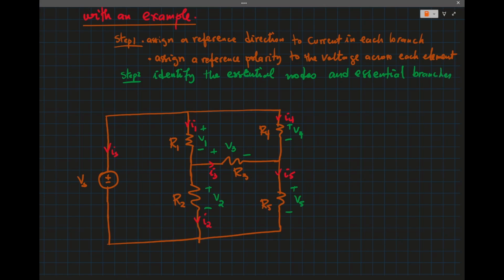Essential branches are the branches for the current. So we have IS, I1, I2, I3, I4, and I5. So this implies that we have 1, 2, 3, 4, 5, 6 essential branches.